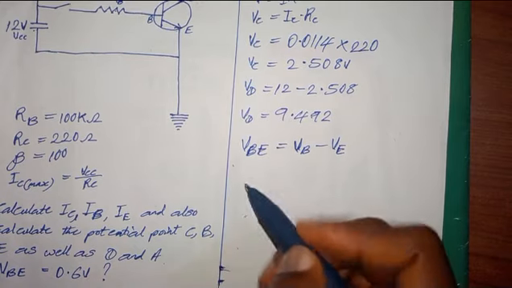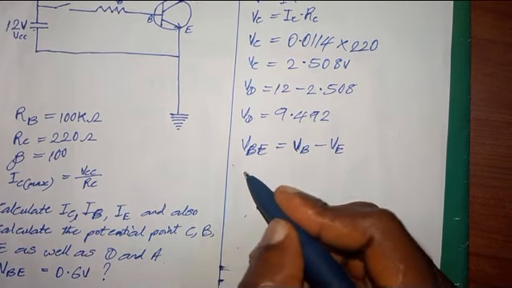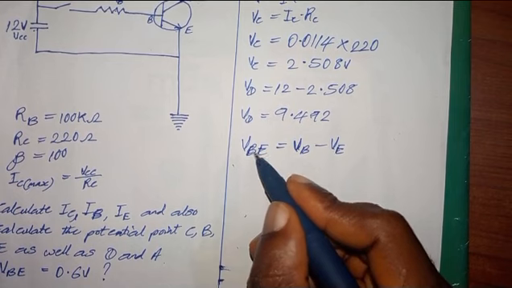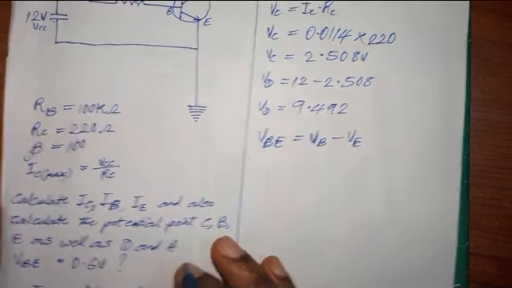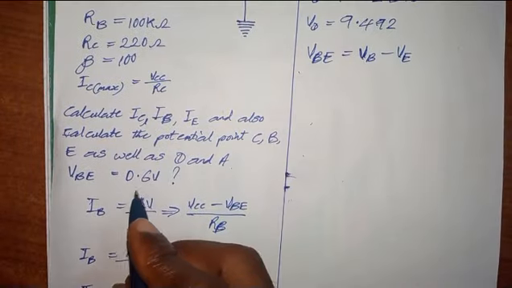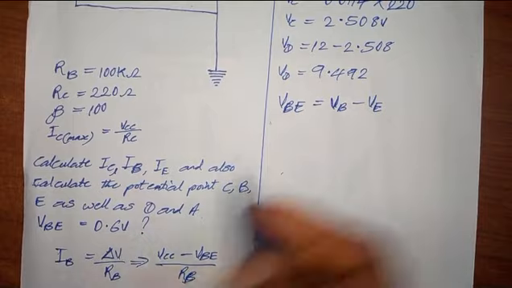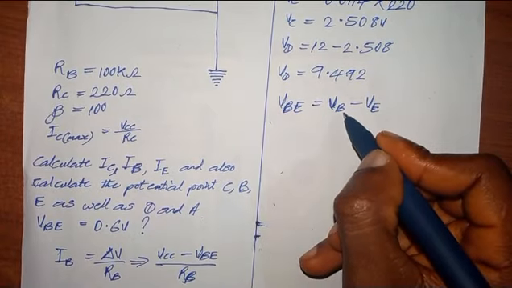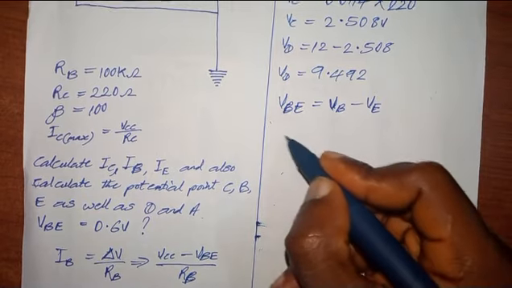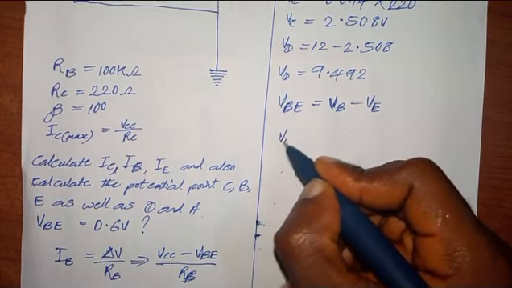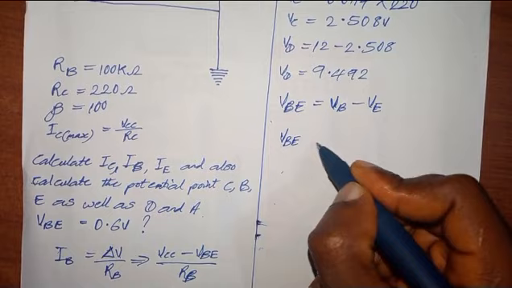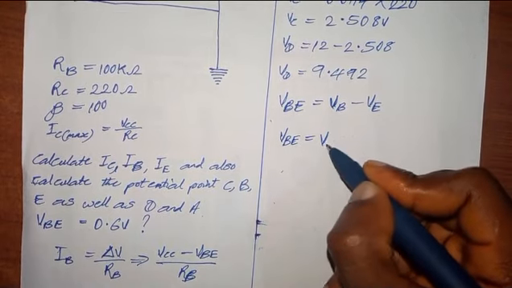This voltage VBE that was given somewhere here to be 0.6 is the same voltage that is flowing through the point B. VBE is equal to VB.